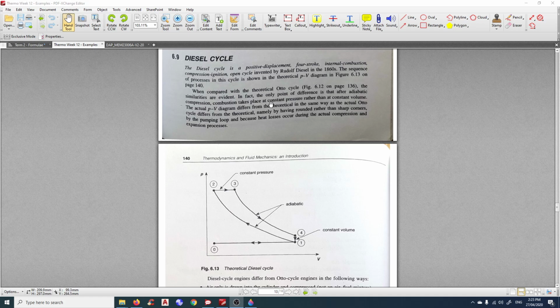The only difference is after the adiabatic compression, the combustion takes place at constant pressure rather than constant volume. So we saw before in the Otto cycle, the combustion goes up like that. In the diesel cycle, the combustion goes at constant pressure instead of constant volume. And again, this graph is also theoretical, it's not the actual cycle.